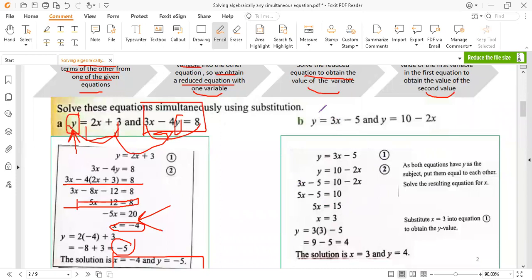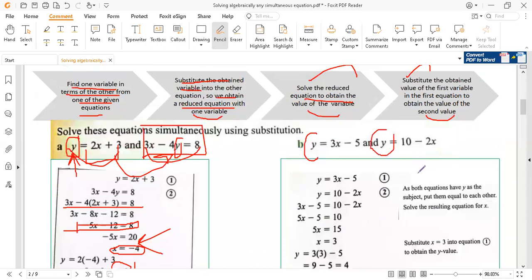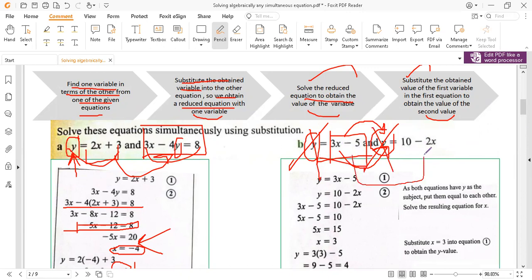Here we have y equal, ready in terms of x in the first equation. So we substitute 3x minus 5 for y in the second equation, saying 3x minus 5 equal to 10 minus 2x, because we have y equal, we can easily get rid of y and take these values as equal terms.